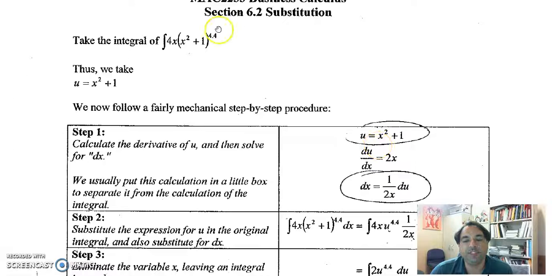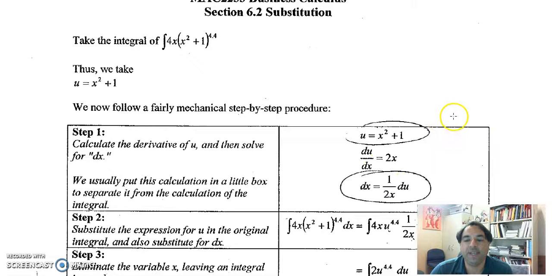I want to substitute in for dx, but right now it's du over dx. So du over dx equals 2x over 1. If I want to solve for dx, we cross multiply: dx times 2x equals du times 1, which equals du.